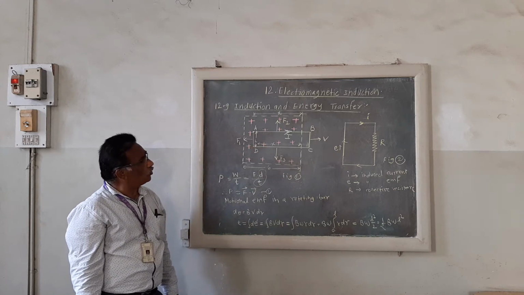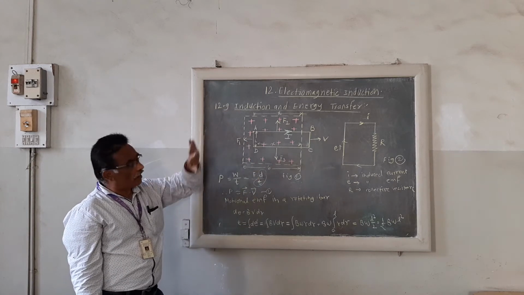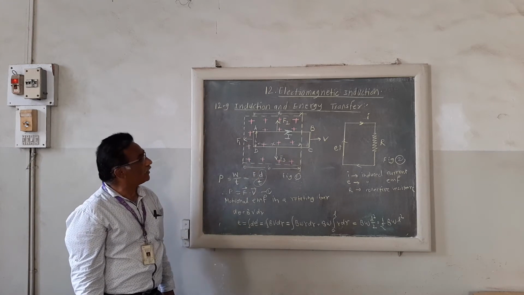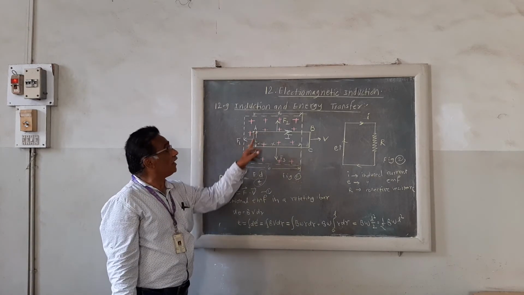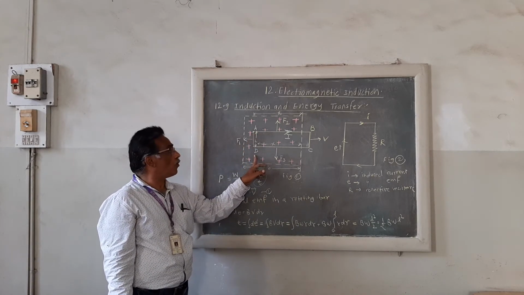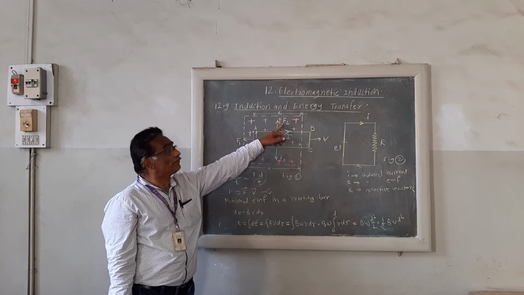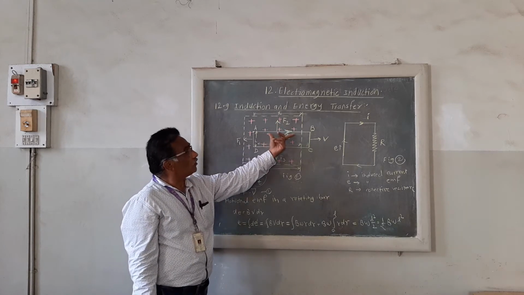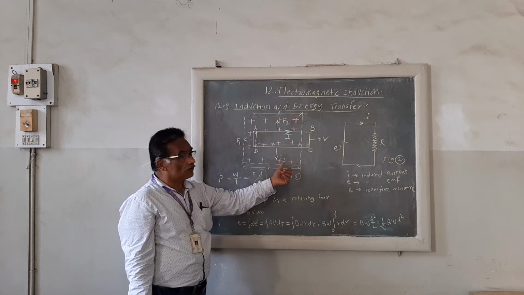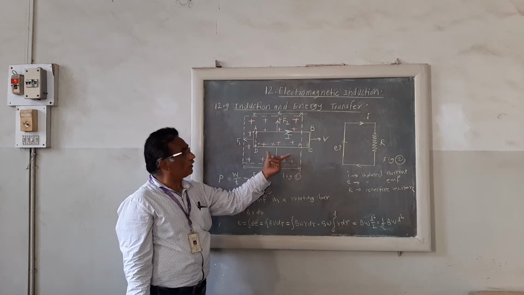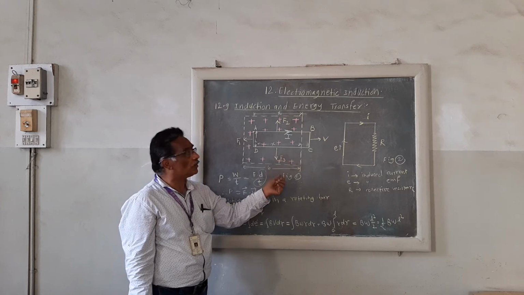Here, due to this magnetic field, there are different forces acting on the coil. The force F1 is acting on the side AD of the loop, while the force F2 is acting on the side AB of the loop, and the force F3 is acting on the side DC of the loop.